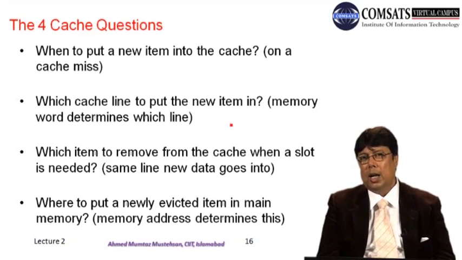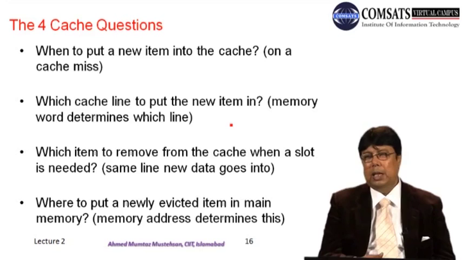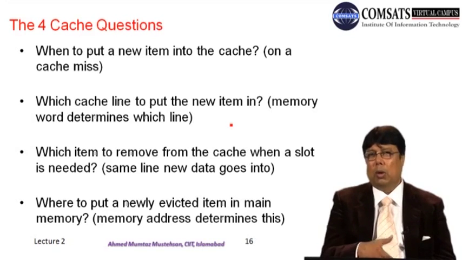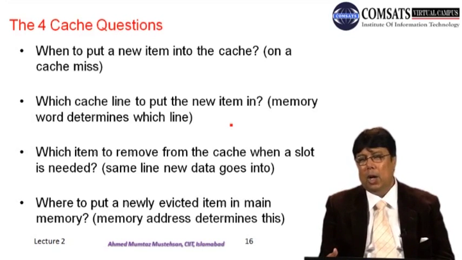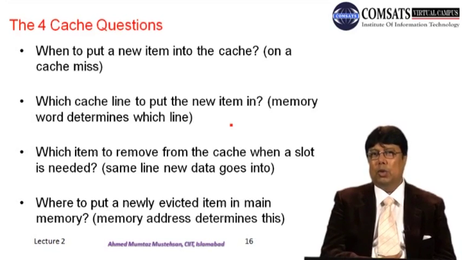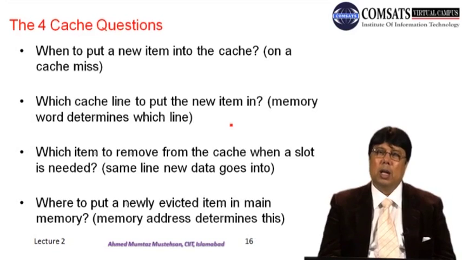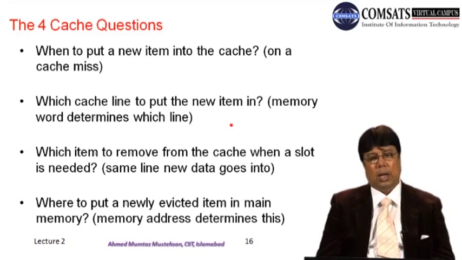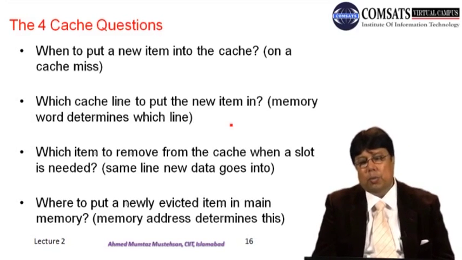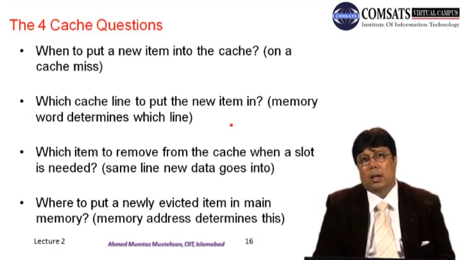अगर वो इंस्ट्रक्शंस से रिलेटेड है तो क्या कंप्लीट सेट ऑफ इंस्ट्रक्शंस जो पूरे का पूरा ब्लॉक है उसको कैश में ले जाया जाए, और अगर फाइल है तो क्या उस फाइल के उस पोर्शन को मेमोरी में लेके जाया जाए. So obviously on a cache miss you have to take the decision whether to put a new item into the cache. Which cache you want to put the new item in? अब उसको कहाँ पे रखा जाए?